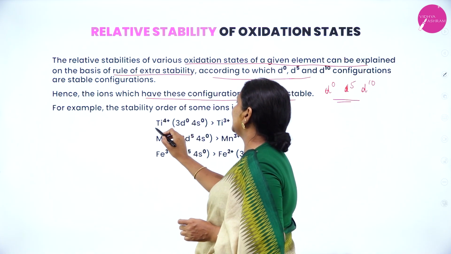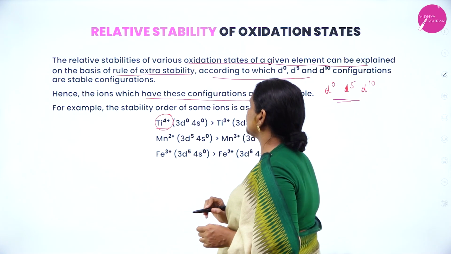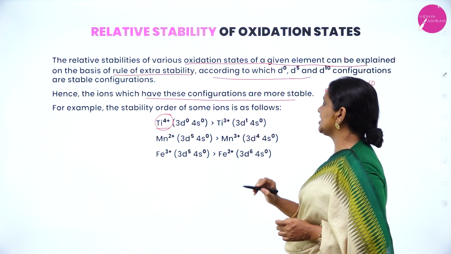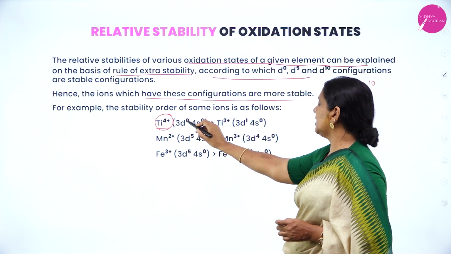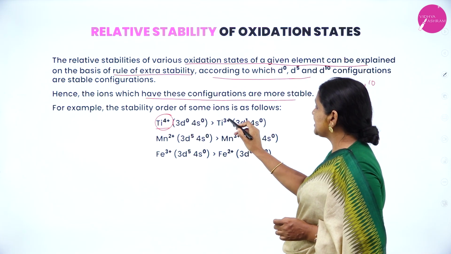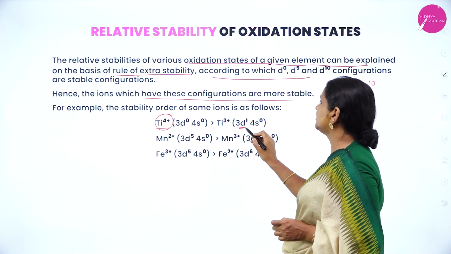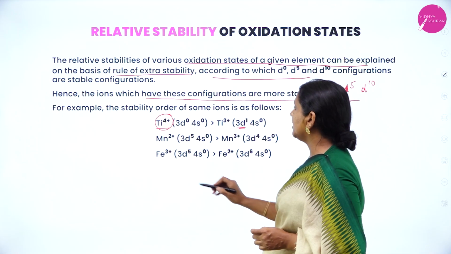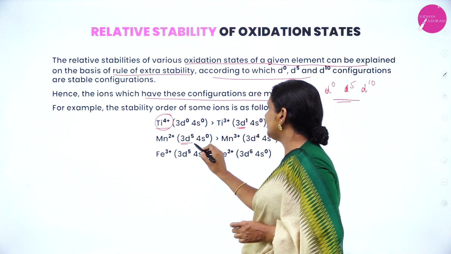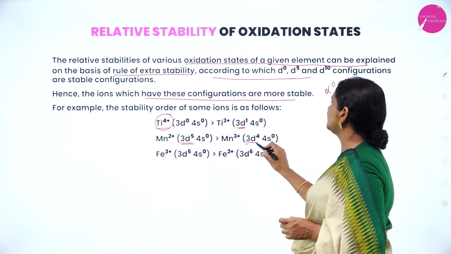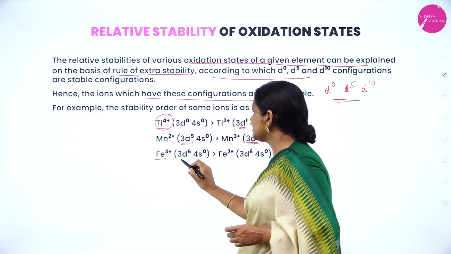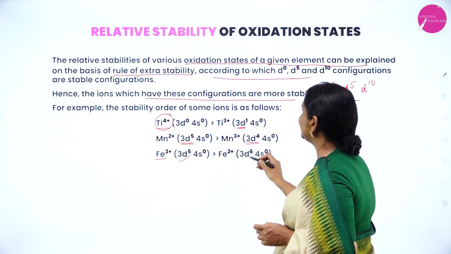For example, titanium in its 4 plus oxidation state has an empty d orbital, 3d0. Similarly, titanium 3 plus has 3d1, Mn2 plus 3d5, Mn3 plus 3d4, Fe3 plus 3d5, Fe2 plus 3d6.